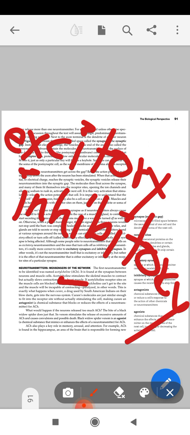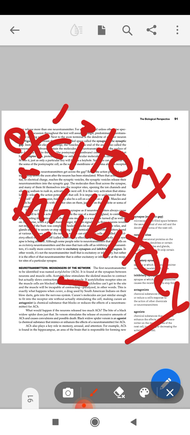When talking about enhancing or inhibiting any effect, it doesn't mean that the neurotransmitter itself is excitatory or inhibitory. Neurotransmitters are just chemical compounds. They themselves are neither excitatory nor inhibitory, but they have the ability to change the signal strength.